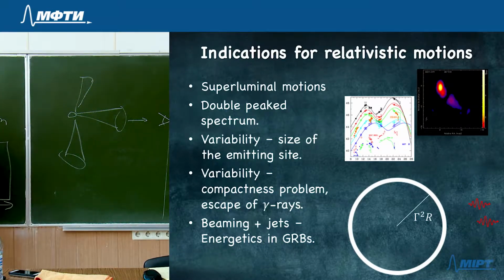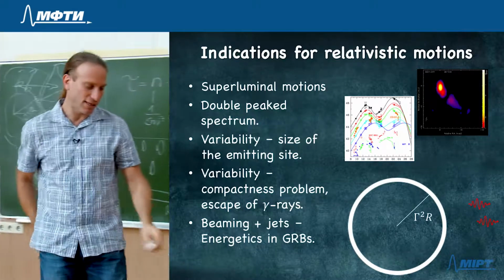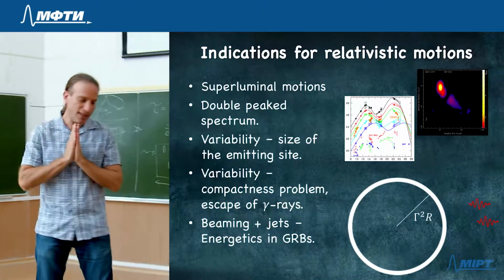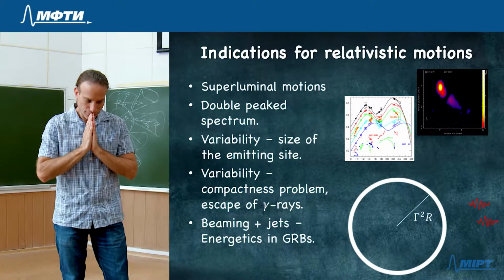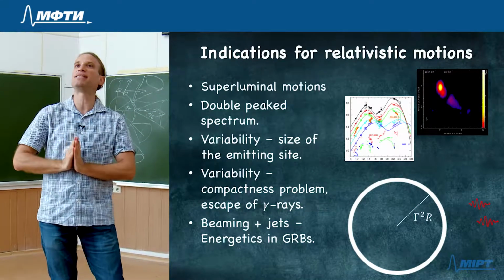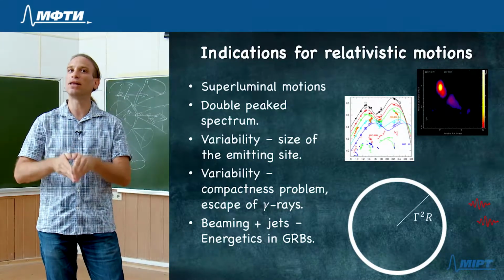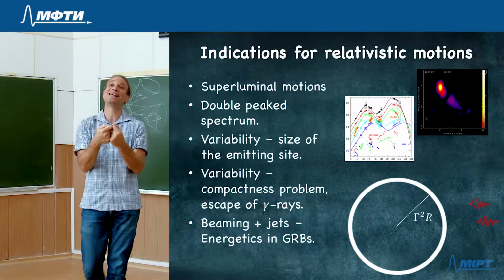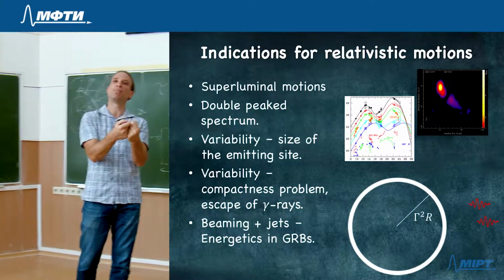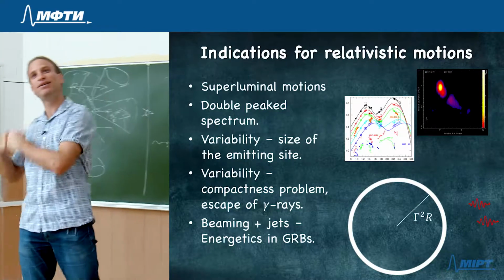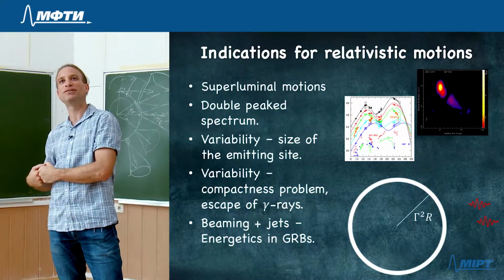Okay? So if I take the number of events that I see, and the jet has an opening angle of about 10 degrees, then the actual number will be multiplied by a factor of 100.